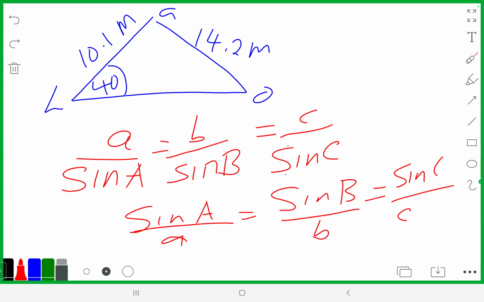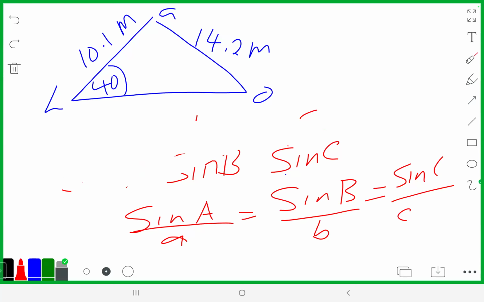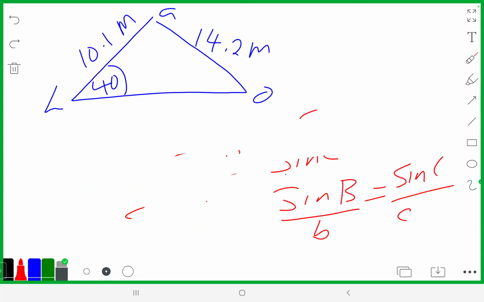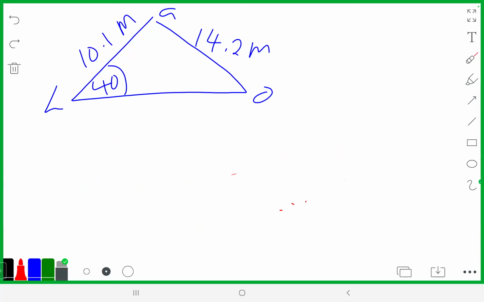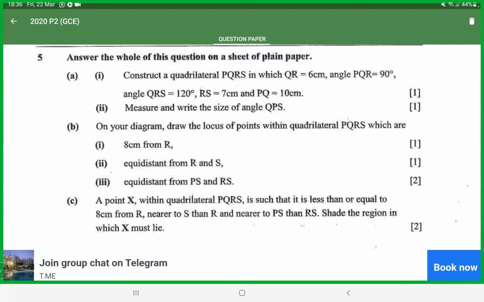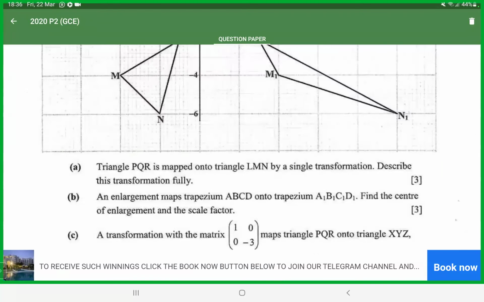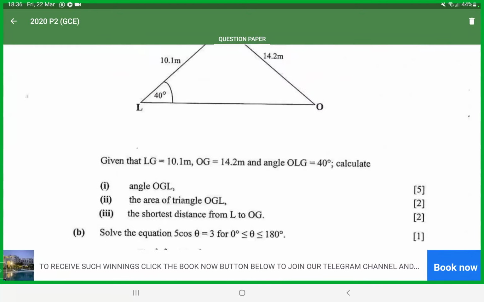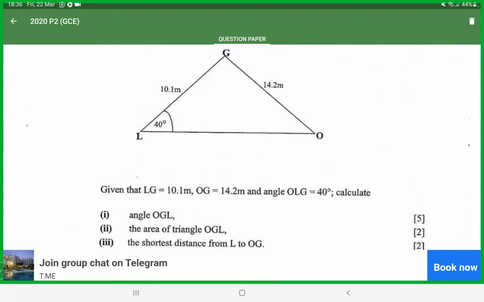Let's go ahead now. So in that case, what are we required of doing in this question? Let's go back to the question and pick it. It was an ECZ exam question. This is 2020 GCE. So the question was saying, can you find angle OLG?